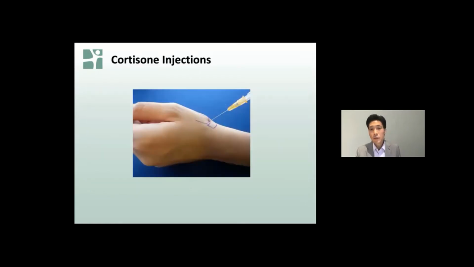Okay, so if you've tried your braces and they really don't work, or you've tried them and they worked for maybe a year or two and now they're not effective, the next thing we do is give you a cortisone shot. Cortisone shots are tricky because I warn every patient that it usually hurts for 3 or 4 days, maybe 5 days.